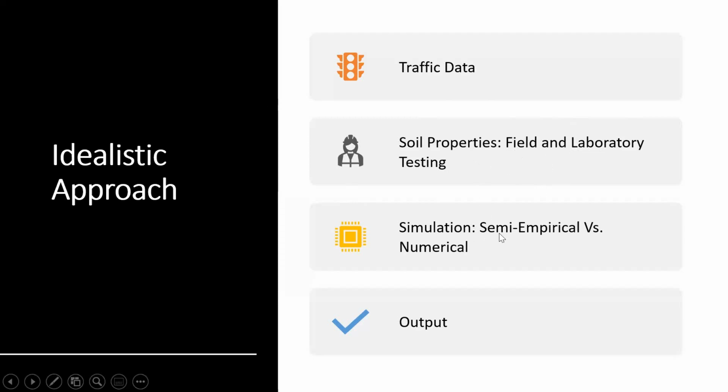Simulation: there are a lot of semi-empirical approaches, whether numerical software developed using semi-empirical methods, or advanced numerical methods, which again require more sophistication. You need to deal with a lot more parameters, and you need to understand the significance of these parameters. And then your output is basically what you're hoping to achieve by the end of your design.